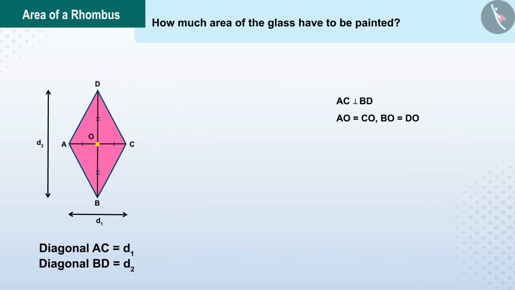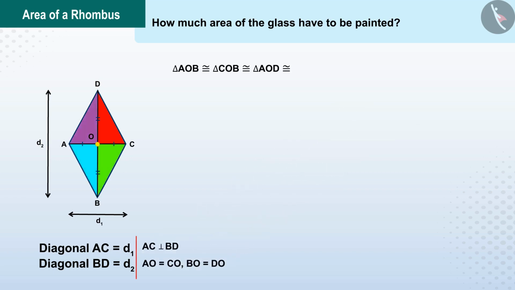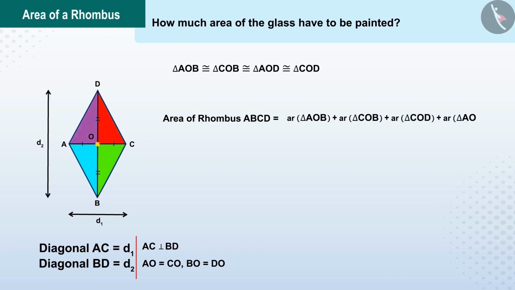As we know, rhombus ABCD is made up of four congruent triangles AOB, COB, AOD and COD. Therefore, the area of the rhombus ABCD is equal to the sum of the areas of the triangles AOB, COB, COD and AOD.